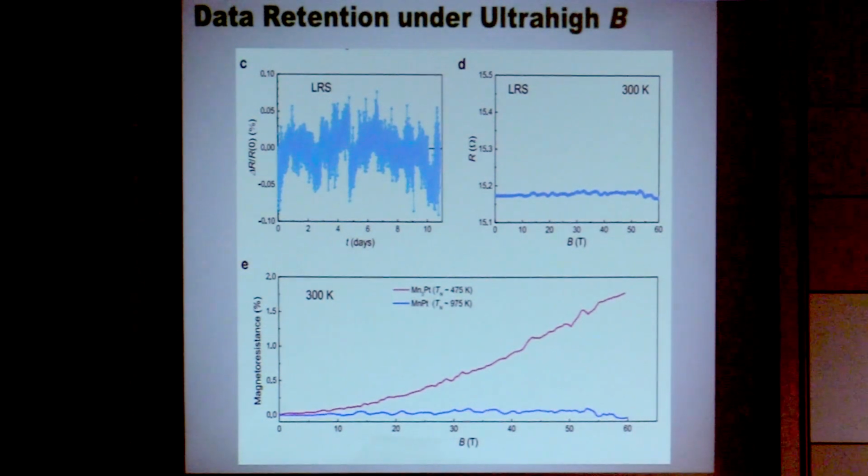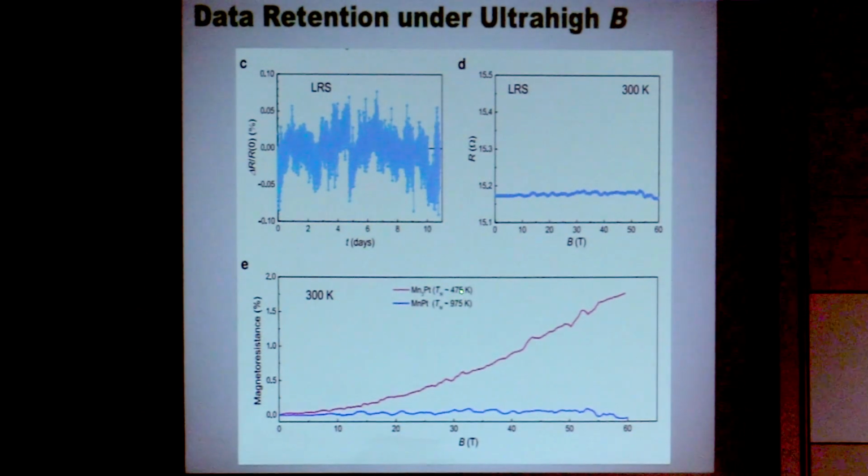The other thing is that manganese platinum, like all these manganese-based intermetallic alloys, are some kind of dirty transport systems. They have very large scattering, and in that case the orbital scattering is suppressed by the strong magnetic field. But if we compare this with manganese-3 platinum, it has a relatively low Néel temperature, around 475 K. Under 60 Tesla, the magnetic resistance reaches around 2%.